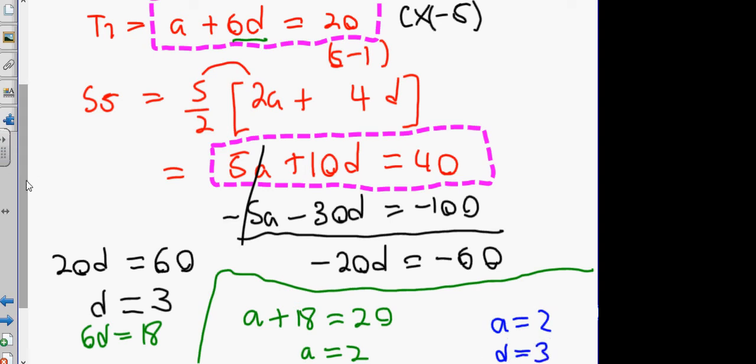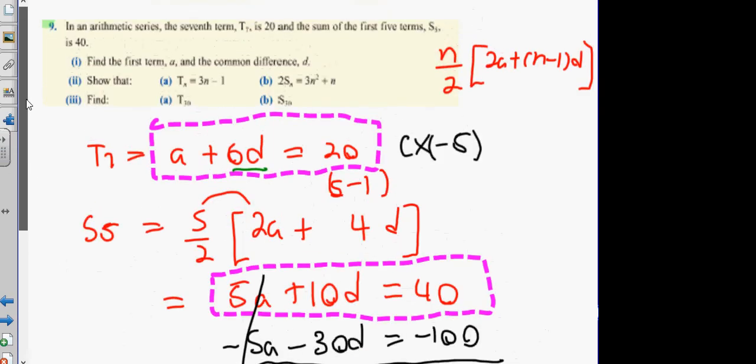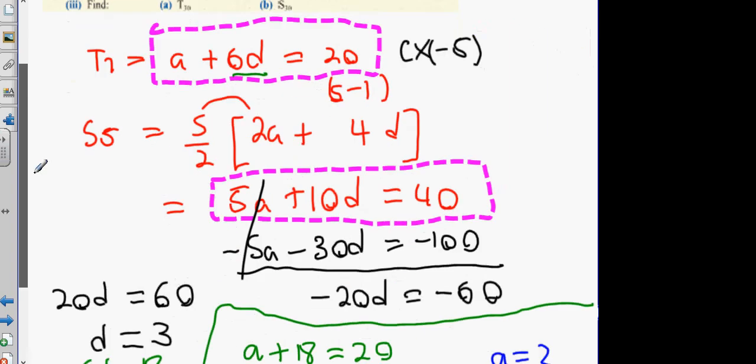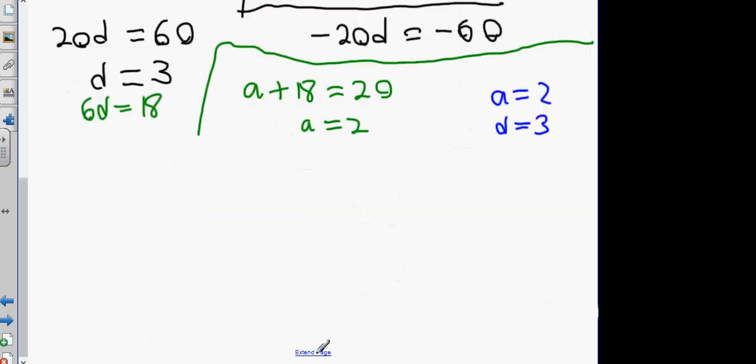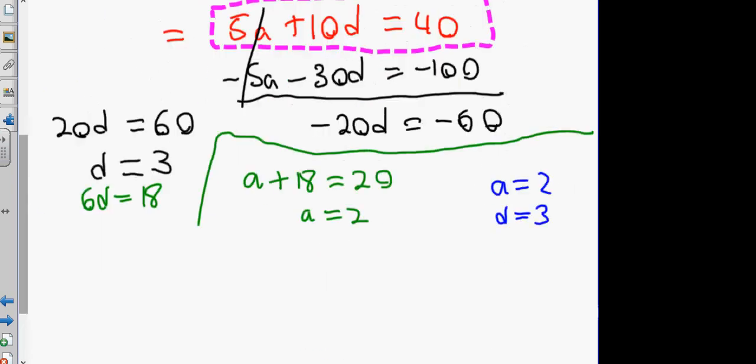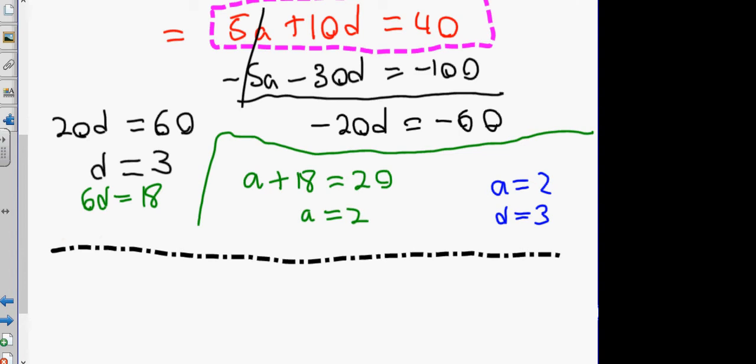And if we look up to the next part of this, we have to show Tn and 2Sn. So let's see what we can do with this. The next part of the question underneath the dotted black line is part 2. We're looking to find out what Tn is and 2Sn. You write down the Tn formula, a plus n minus 1 times d.